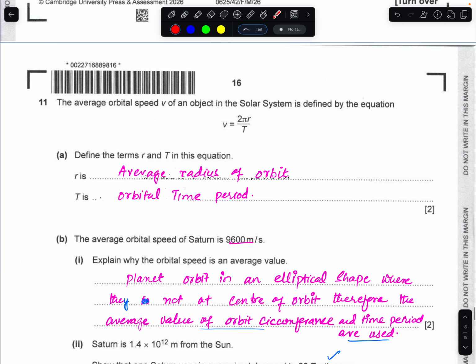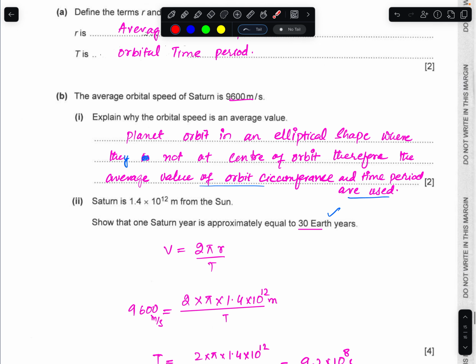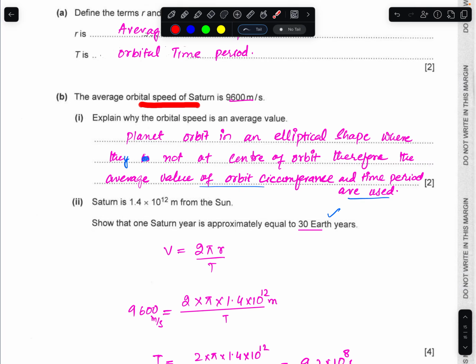Question number 11. This equation is given and they're asking to define the terms r and t. So r is the average radius of the orbit and t is the orbital time period. The average orbital speed of Saturn is 9600. Explain why the orbital speed is an average value. A planet's orbit is an elliptical shape.